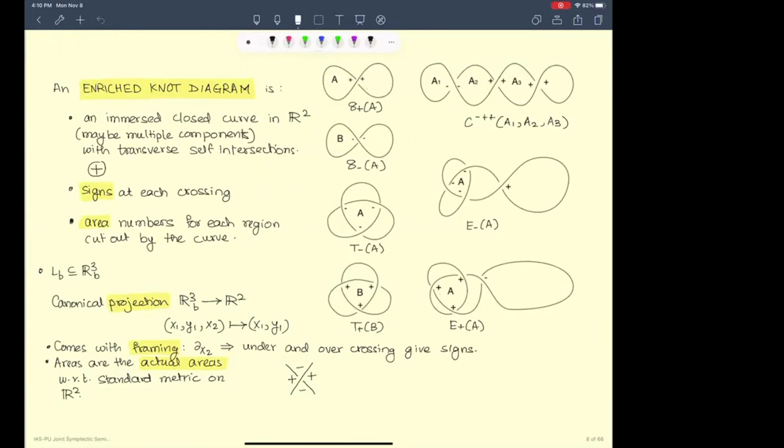We also have a framing, which you'd call the Z coordinate, but for me it's the X2 direction. That gives me the signs: the X2 direction tells me whether I'm jumping up or down. And the areas are the actual areas with the standard metric on R2. So given any of these, we get an enriched knot diagram.